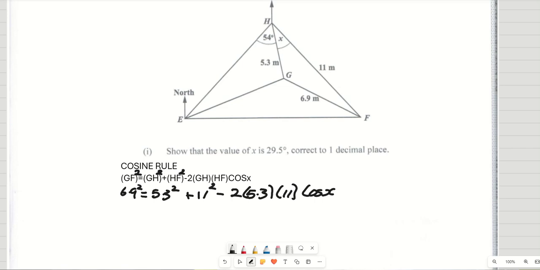When you put this in your calculator, we find the square, which is 47.91, is equal to, simply adding this in my calculator, 149.09 minus, multiplying this, 116.6 cos x. Now I'm going to make x the subject.